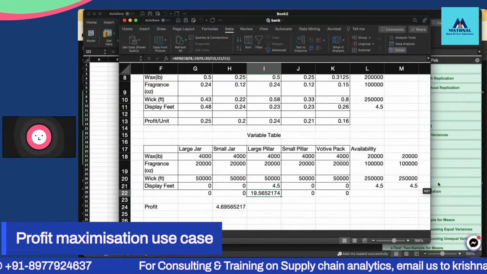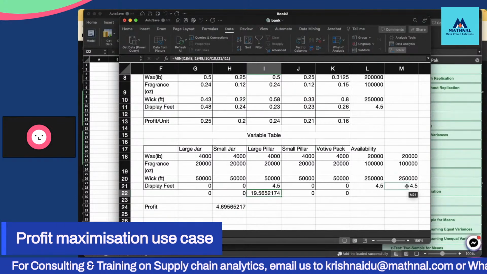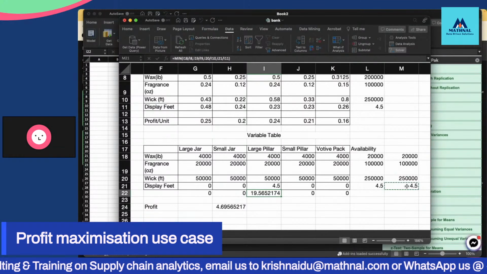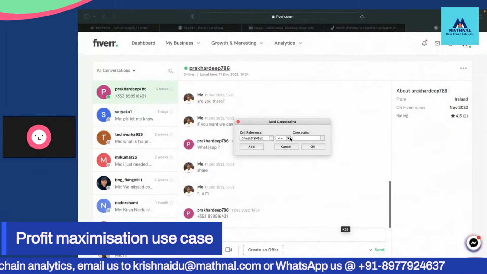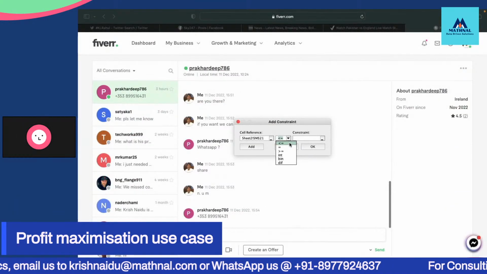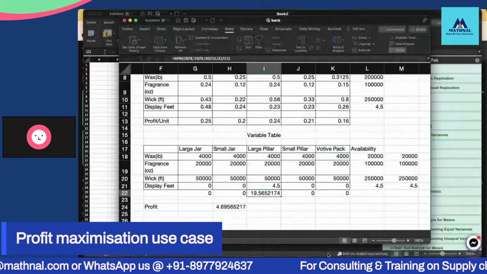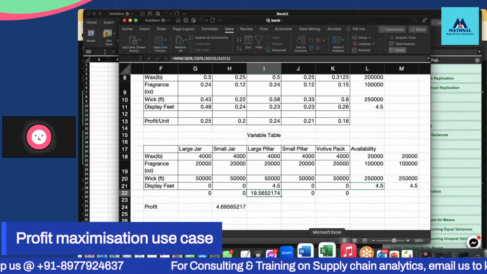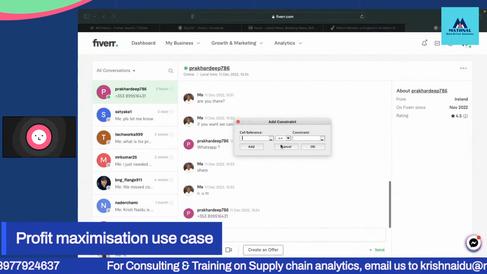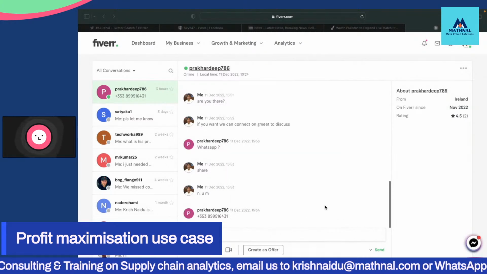This has to be more than or equal to this one. Go back to the solution, add this, and let's try to solve this.